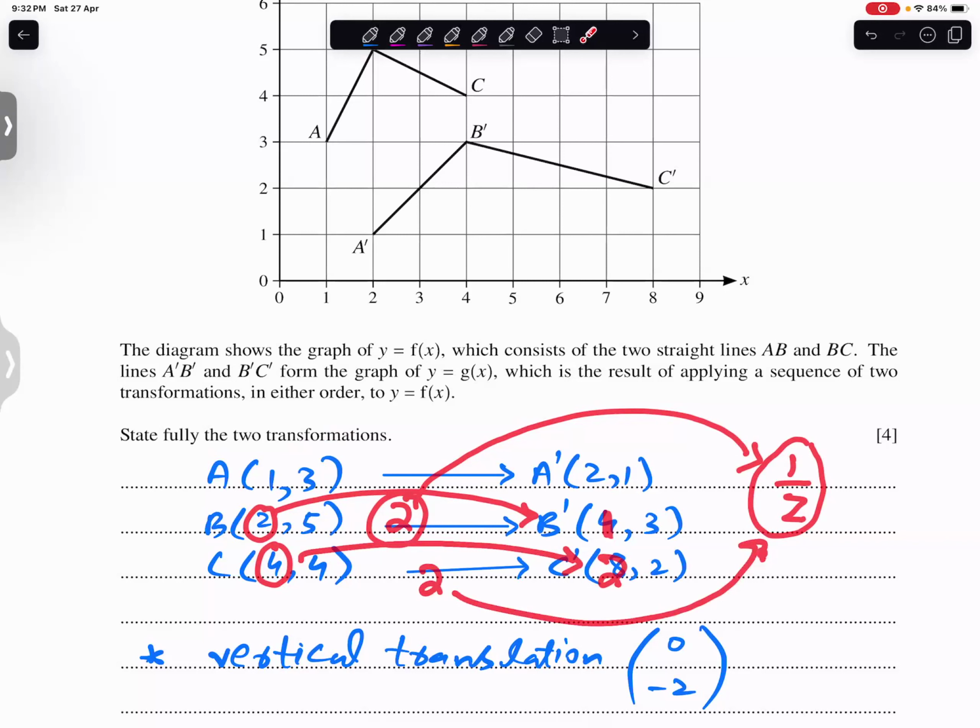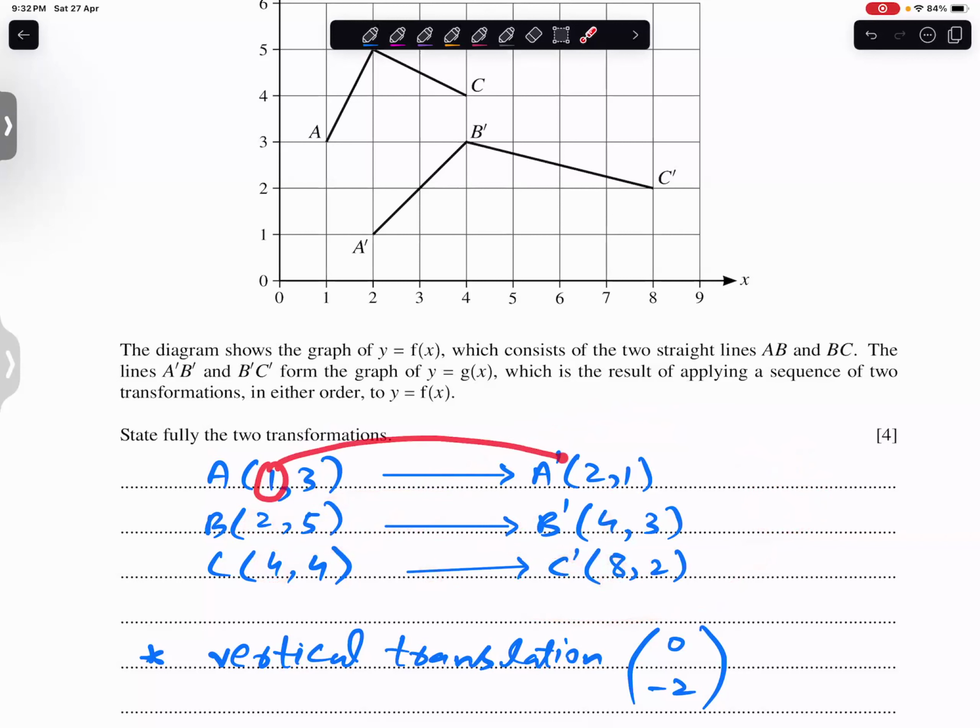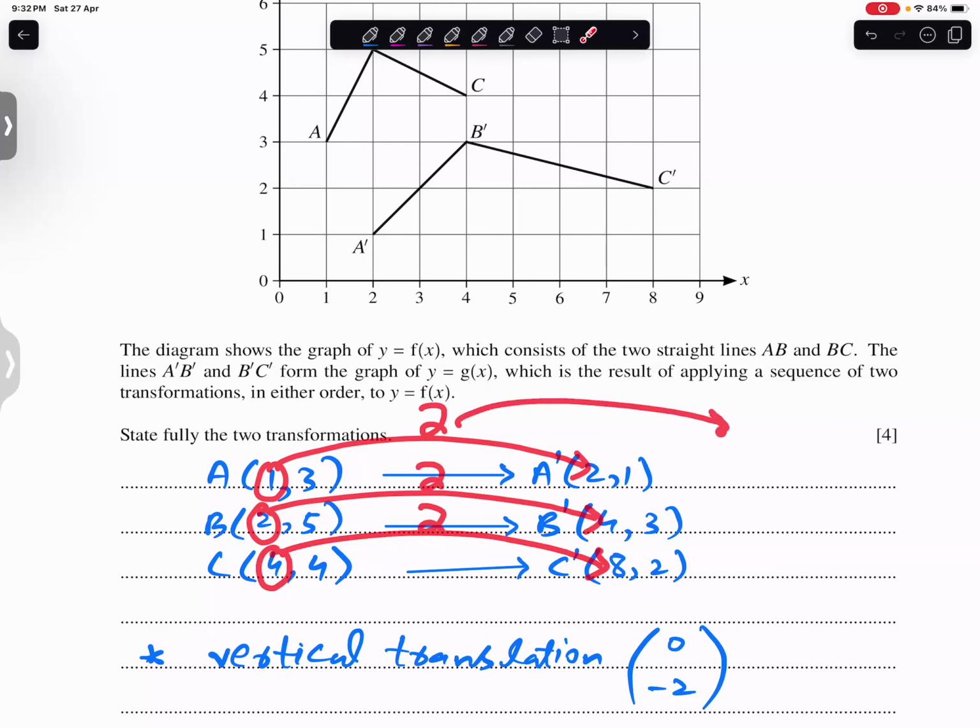But in our case, this is not a divided case. Actually this is multiplied. 1 is multiplied by 2 to get 2, 2 is multiplied by 2 to get 4, and 4 is multiplied by 2 to get 8. So the stretch factor will be 2 in this case.